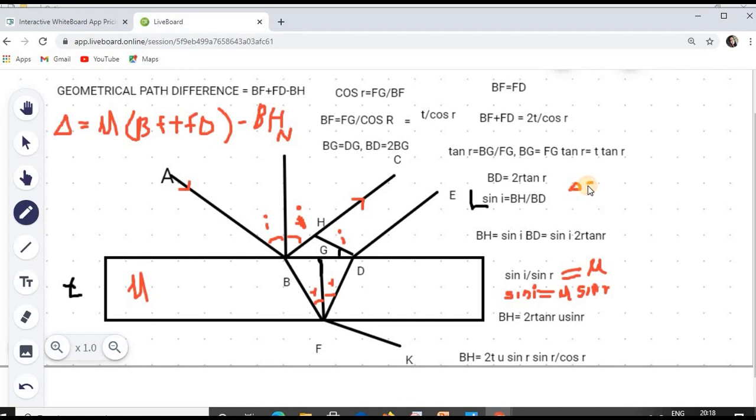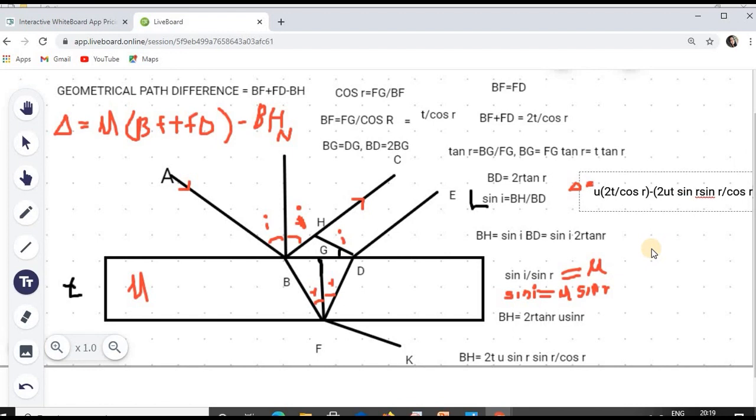Delta is equal to mu, the refractive index, into 2T by cos R, minus 2 mu T sin R into sin R by cos R.